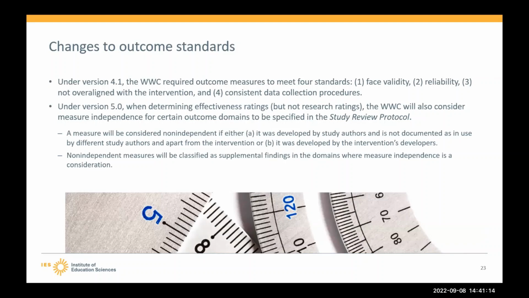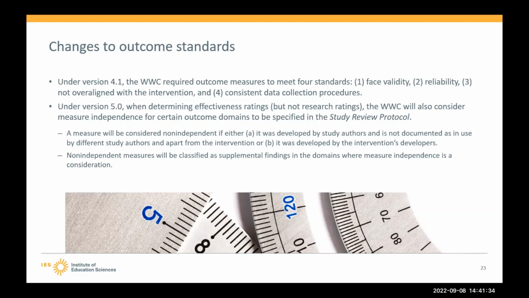Now, a new measurement concept that's introduced in the version 5.0 standards is the concept of measure independence. So measure independence reflects the degree of overlap between the team who's evaluating or developing an intervention and then the team that created a study's outcome measure.